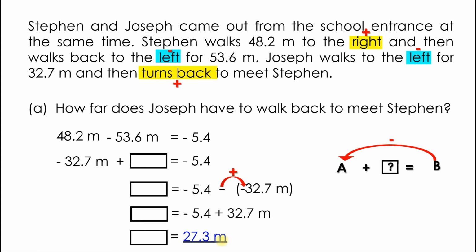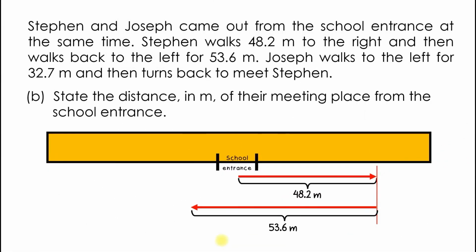This is section B. So question B is asking us to state the distance in meters of their meeting place from the school entrance. So this is the school entrance and this is the meeting point. So what they want us to find out is the distance between the two places, the school entrance and the meeting point.